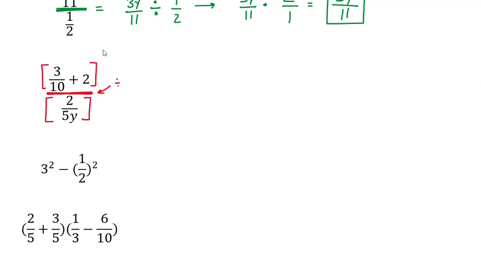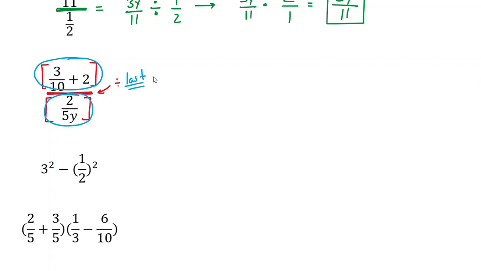In other words, do what's in the numerator. Whatever you can do, whatever's doable in there, do it until you end up with an answer that may or may not be a fraction. And do whatever's in the denominator, simplify it as much as you can. And then the last thing we're going to do is we're going to do the divide by.